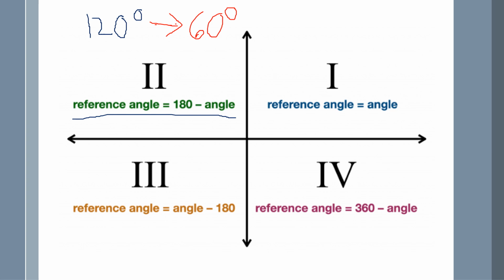Alright? So what if I had 220 degrees? Well, I know 220 degrees is in quadrant 3. So 220 minus 180, my reference angle is 40 degrees.